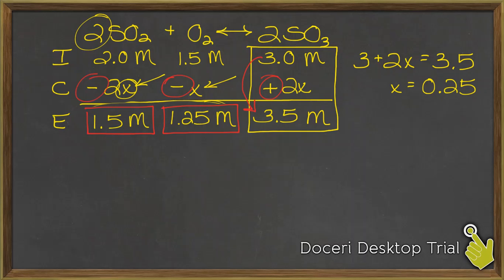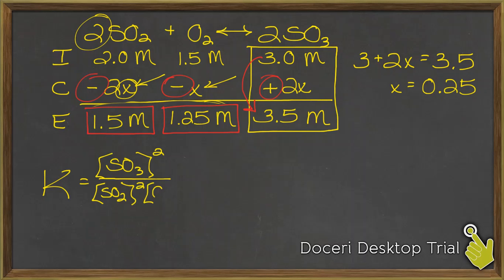Okay. The last part of this problem, they asked us to calculate a value for the equilibrium constant. Okay, before we plug in any numbers, let's set up our expression. That's always a good idea. Okay, and remember, K means the equilibrium expression. So I want to plug in values from this line, the equilibrium line.